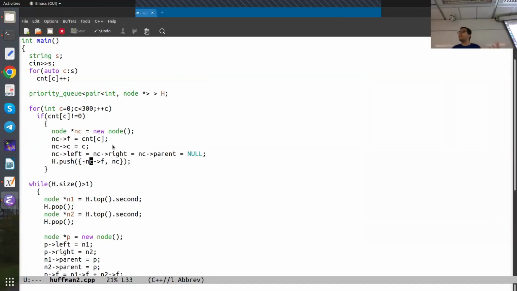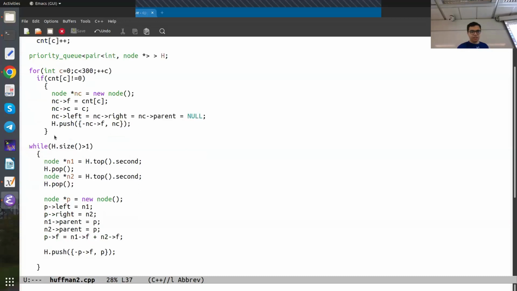Let's call that n. Let's say I have n letters, right? For every letter, I'm adding one node to my heap. Now, every time I'm taking two nodes out, I'm creating a parent, connecting both of them as children of that parent, and I'm putting this one parent node back.